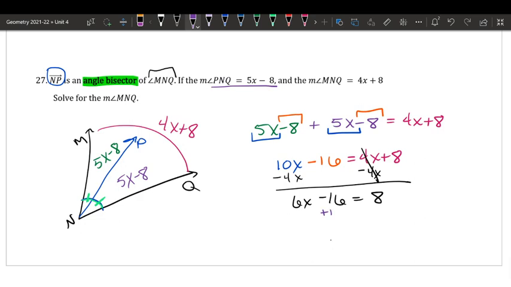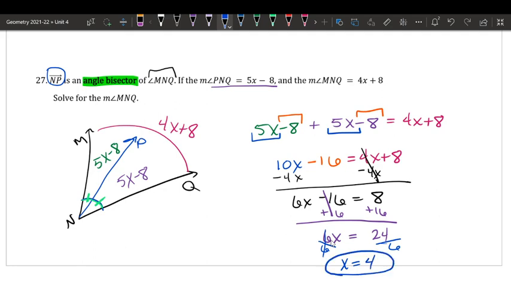And then add 16. So 24. So 6x equals 24. And then divide by 6. So x equals 4.